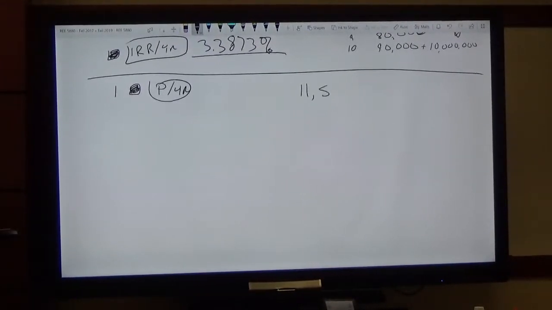All right, so purchase price 11.5 billion. And how many years are we going to hold it? 3 years. Okay, 3-year holding period. And what are we going to sell it for? 12.5.